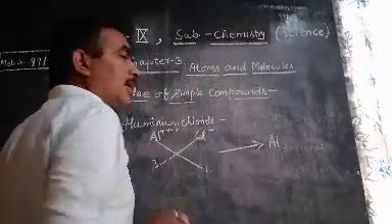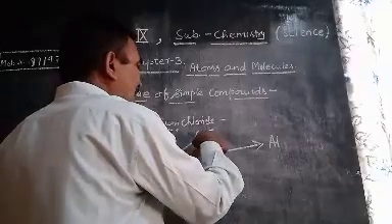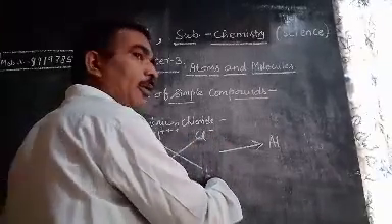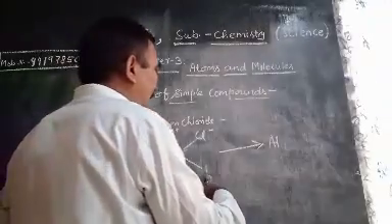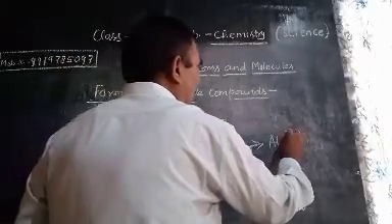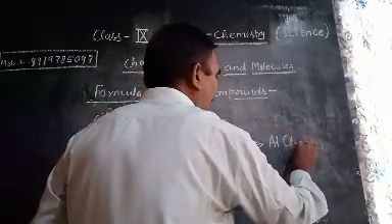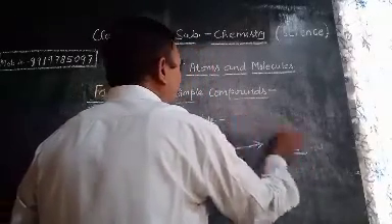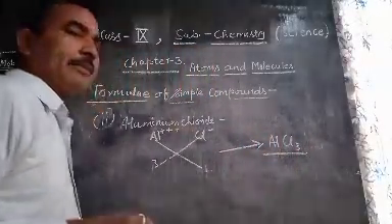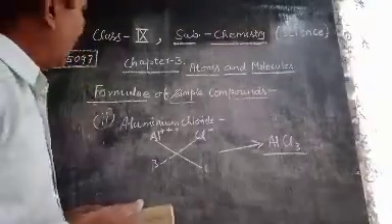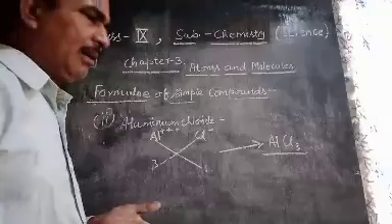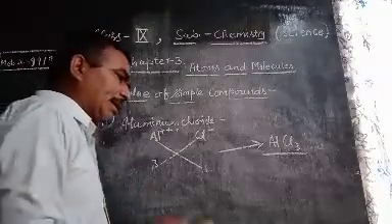And 3 is divided by 1, we will find 3. That is 3 Cl will be attached with 1 Al and the formula will be AlCl3 for aluminium chloride. Any problem? As I think, there will be no problem at all. Already explained such topic.